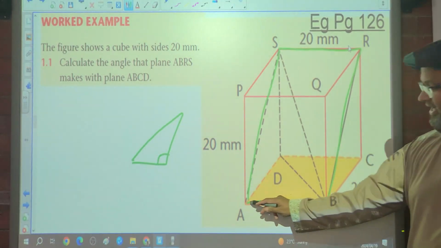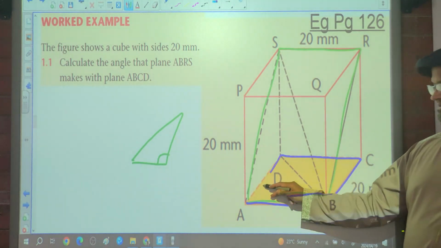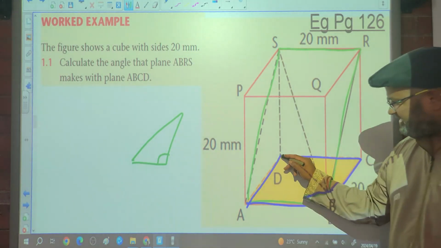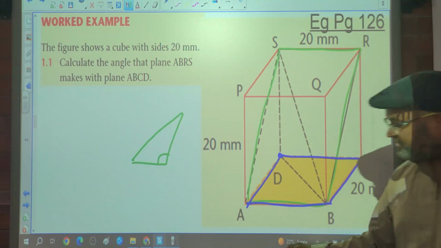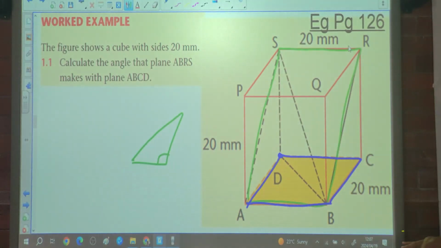Then the plane A, B, C, D. Oh, the D's are the wrong way. That's why you're confused. But anyway, the angle that they are referring to is the angle between the plane and the horizontal plane, going up there.